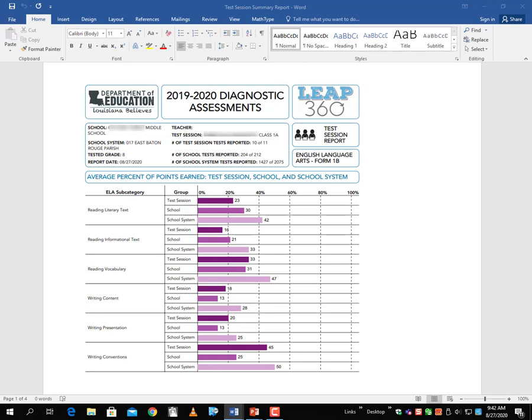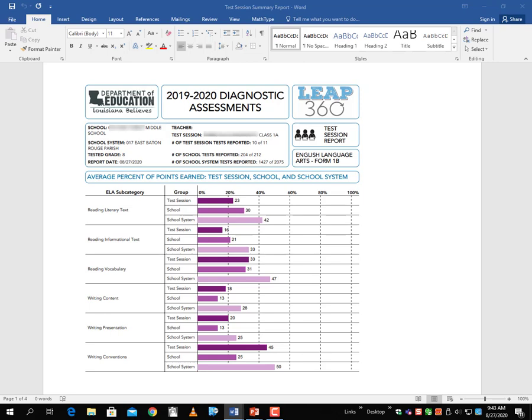That's what that means. Again, here's information about the school and then information about the district. There are quite a few students in the district where the test sessions were either not completed or the teacher did not go in and score the written response.